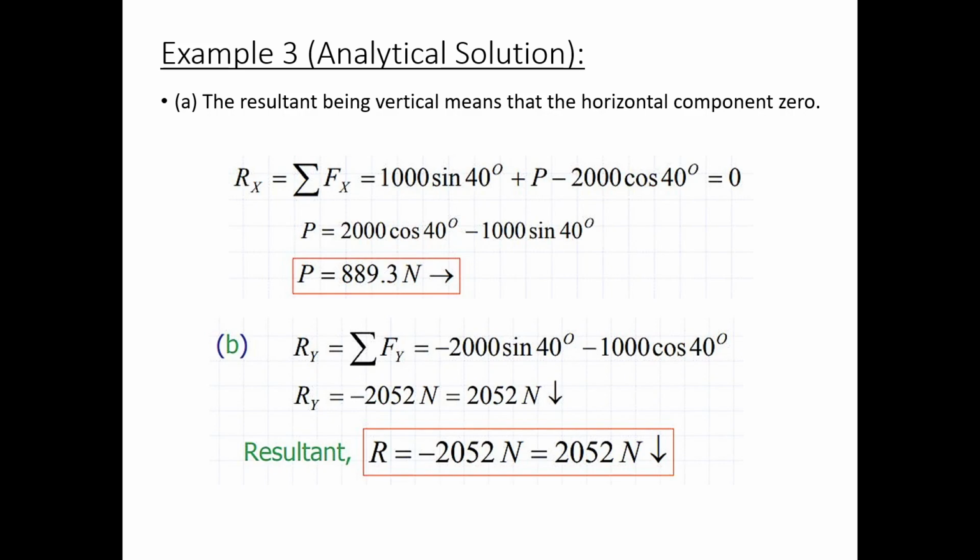Another way of representing your signs, instead of negative and positive signs for the magnitude of the force, you may write it in this manner. All your values are positive, but you need to have your arrow represented on the right side. So instead of negative 2052, you may write it as a positive value, but you indicate the direction of your magnitude. So it's going down, up, right, or left.